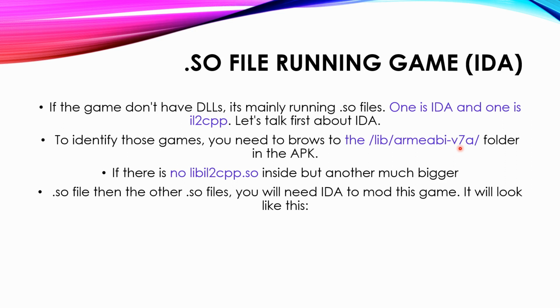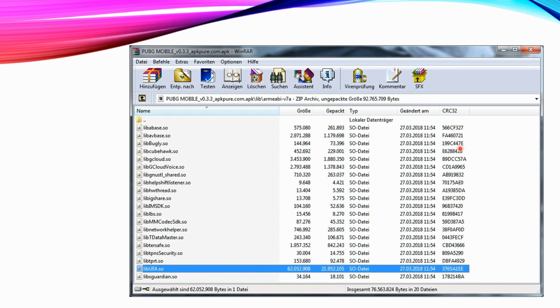If you see that in the .so file there's no libil2cpp, a file called libil2cpp, so it's a .so file, it's a library game. So this game you will be modding with IDA Pro. So there's an example for PUBG Marble.